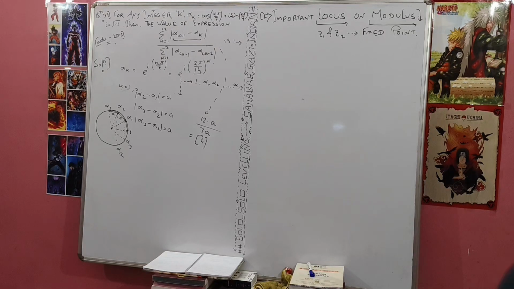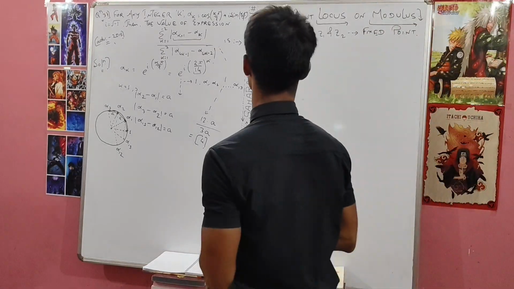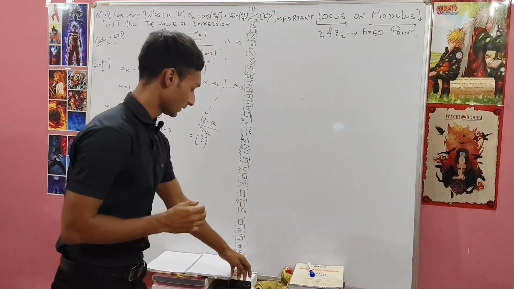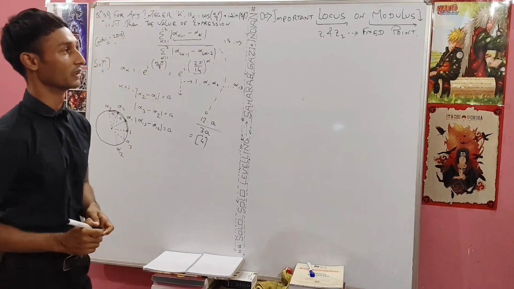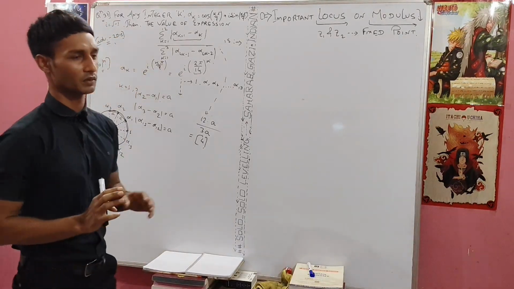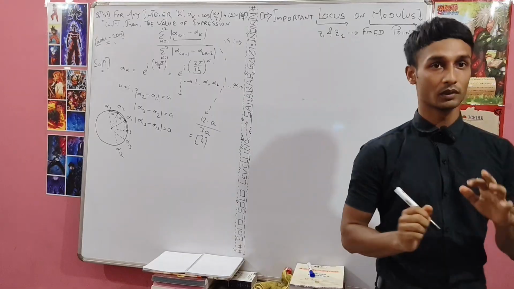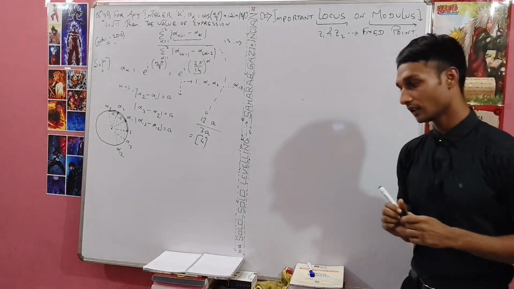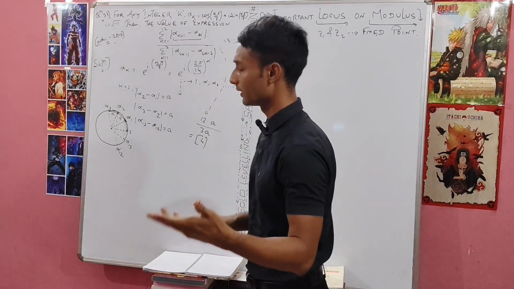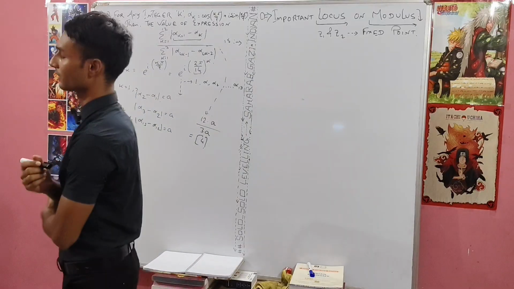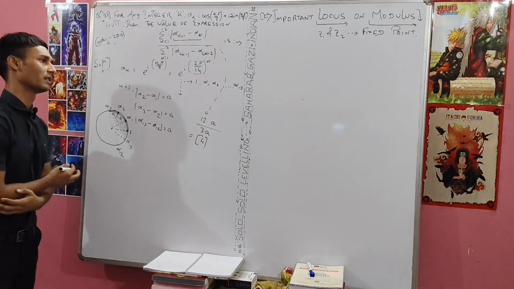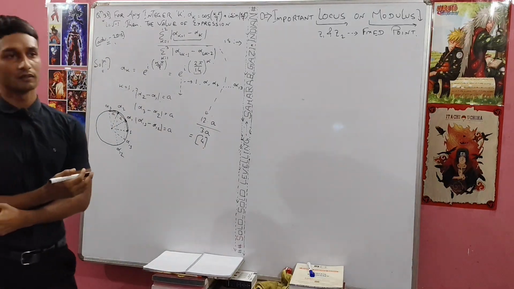Now this is important actually. The locus based on modulus. Here two or three things we should remember, that is Z1 and Z2, which will be given to you in the question paper, right? Z1 is equal to a1 plus i b1, you can put, say, 3 plus 5i.